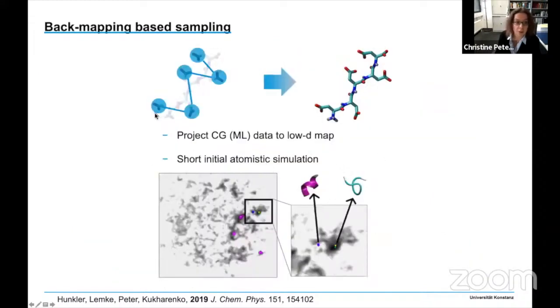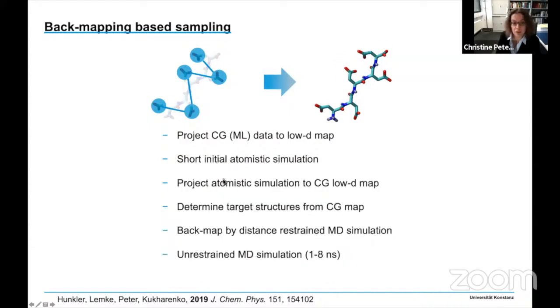So how does that work? We project our coarse-grained data onto a low-dimensional map. And then we run short initial simulations. And we project those short initial atomistic simulations to our coarse-grained map. Then we determine target structures from the coarse-grained map, so from the coarse-grained sampling.